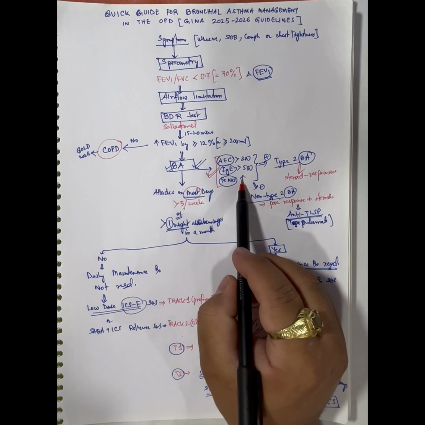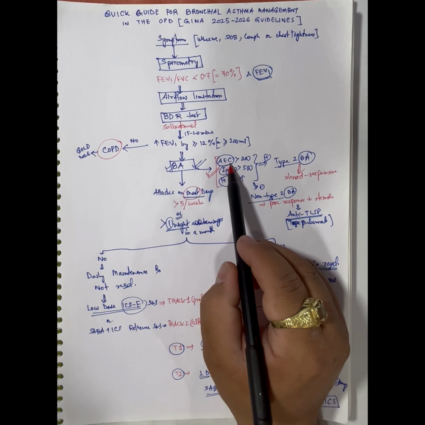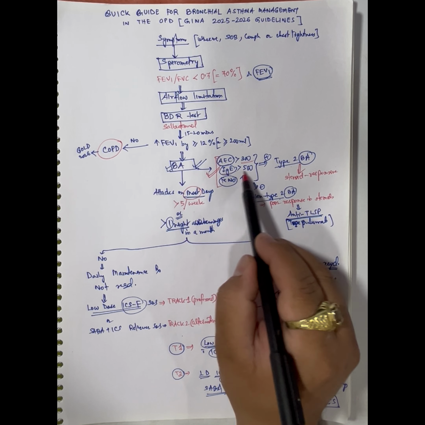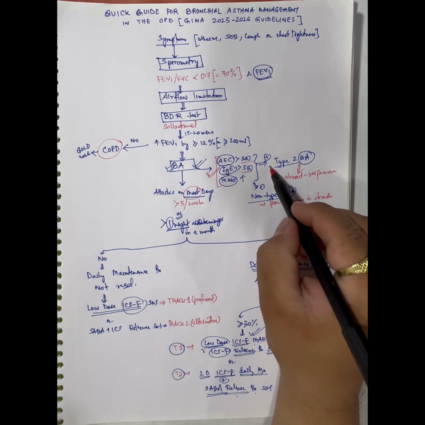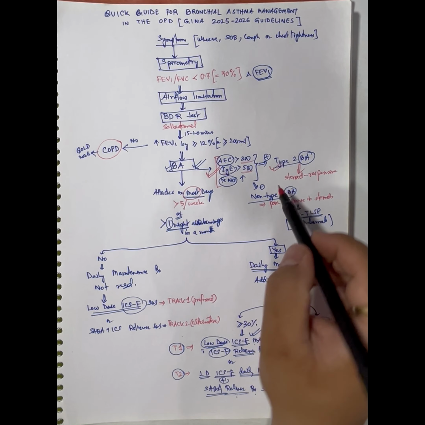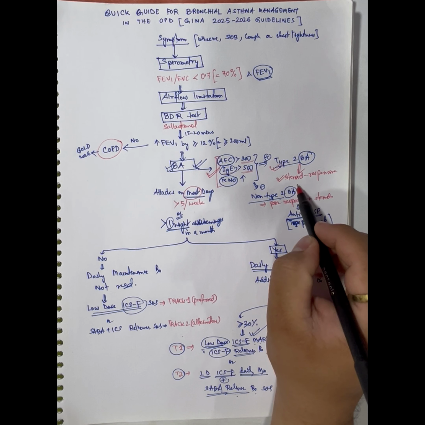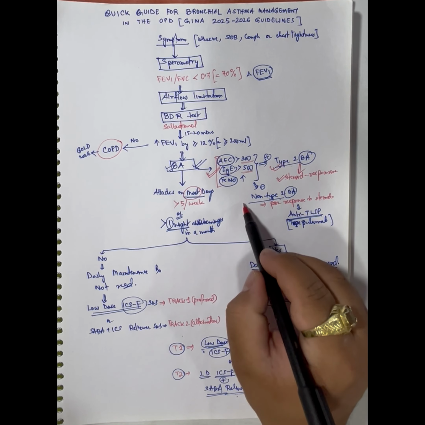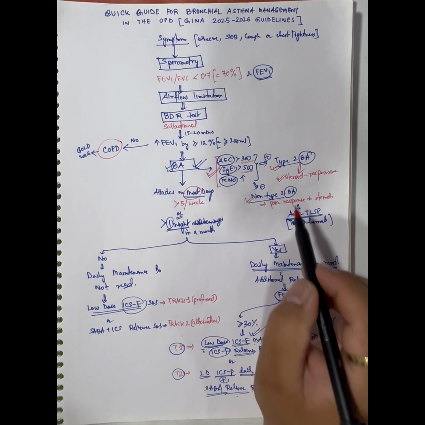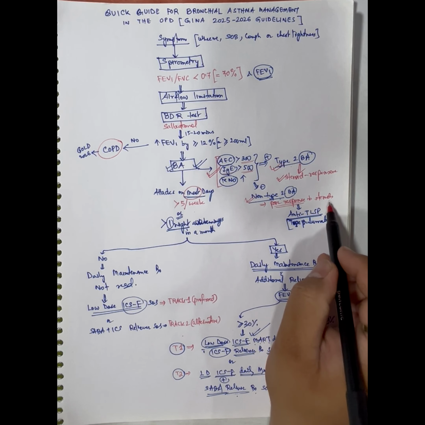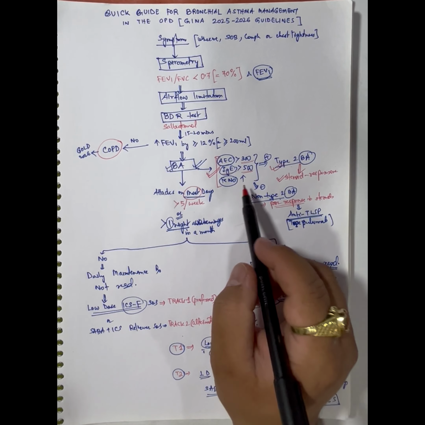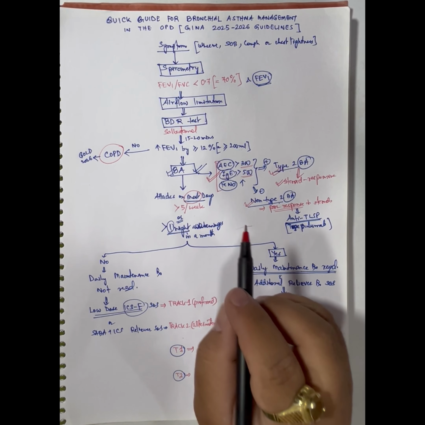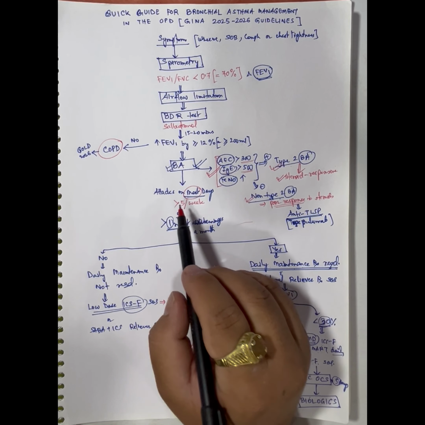If FeNO is increased, if eosinophil count is more than 300, if the total IgE is more than 500, we are dealing with type 2 bronchial asthma, and it is usually steroid responsive with good prognosis. If none of these are there, we are probably dealing with non-type 2 bronchial asthma, which has poor response to treatments, right?